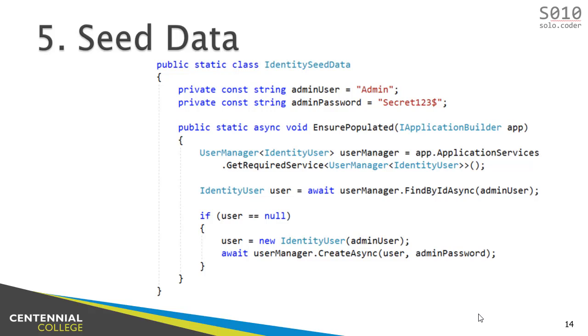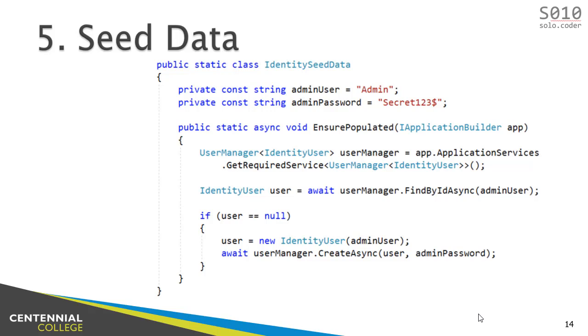A few things to notice here is that we use this class, user manager, identity user, to be able to create, update, delete, and find users. Okay? Again, user manager is used to perform basic operations with the users. Create, read, update, delete, the CRUD stuff.